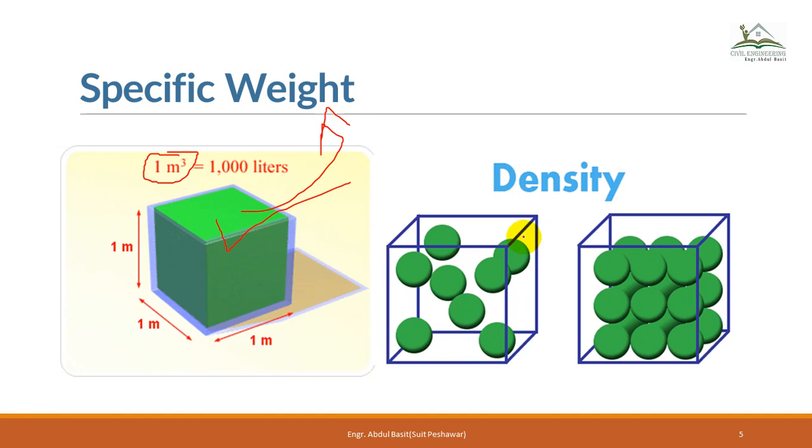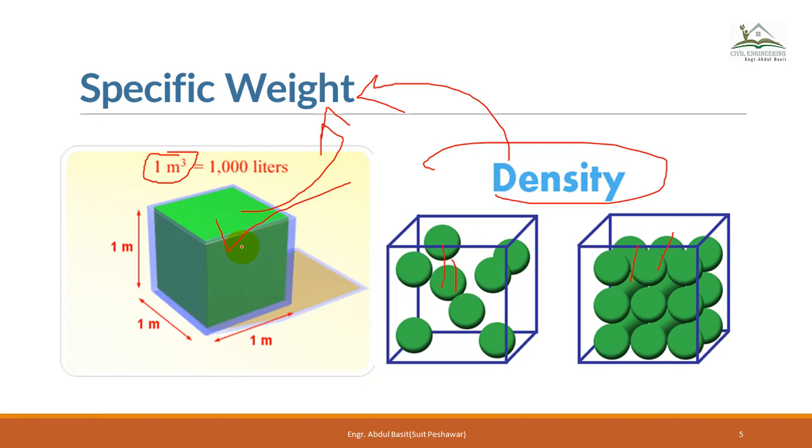Again, instead of density, specific weight should be written over here, but the concept is the same. This is loosely packed, this is densely packed. So it has greater density or less density, and greater specific weight or less specific weight. Both are the same thing, density and specific weight, but as I mentioned, the units are different.